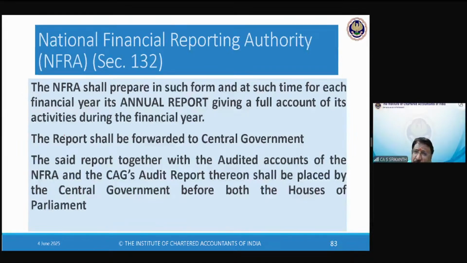Same. Okay. Giving a full account of its activities, obviously how many chartered accountants are debarred, how many were put in prison, how much penalty was levied on chartered accountants, all the records will be provided. The report shall be forwarded to the central government. And the said report, together with the audited accounts of the NFRA and the CAG's audit report thereon, shall be placed by the central government before both the houses of parliament.